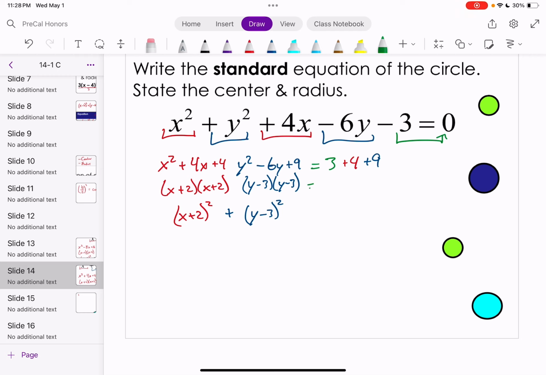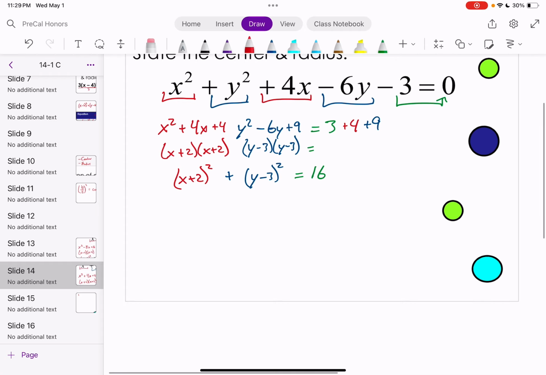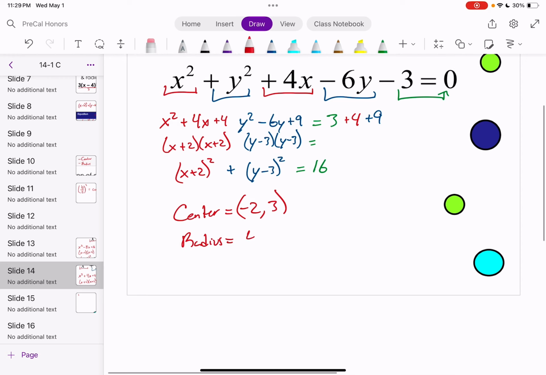And then that would be equal, 3 plus 4 is 7. 7 and 9 would give us 16. Our center for this problem would be equal to negative 2, 3. And our radius would be equal to 4.